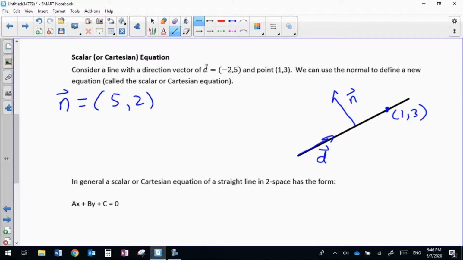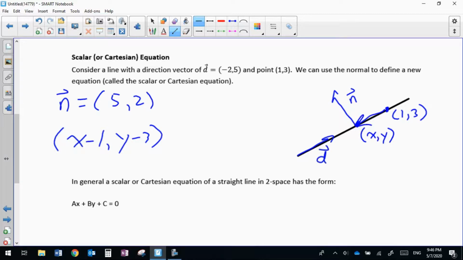Okay, I'm going to create another vector that's also on my line or parallel to my line. If I have any point x, y, then a point-to-point vector would be x minus 1, comma y minus 3. That is this vector that goes, technically, from here to here.